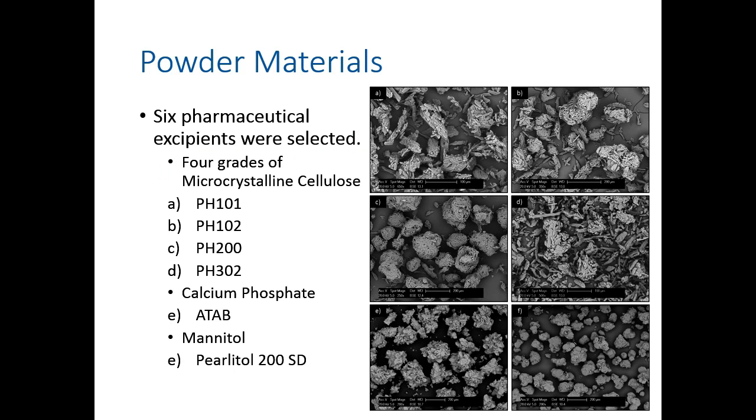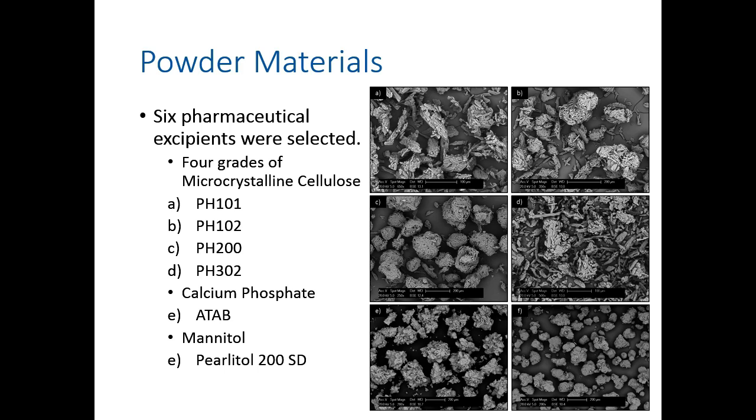And to start with, I selected 6 different powders. These are all pharmaceutical excipients: 4 grades of microcrystalline cellulose, PH 101, PH 102, PH 200 and PH 302, calcium phosphate grade A-TAB, and mannitol grade Pearlitol 200 SD.